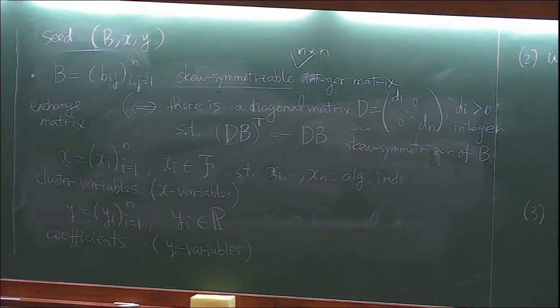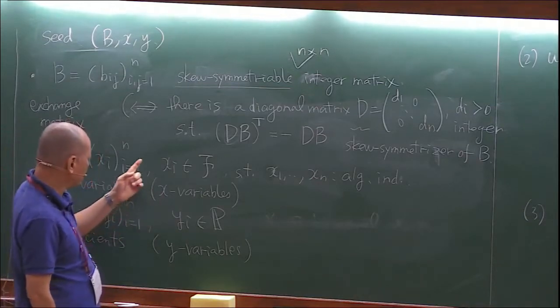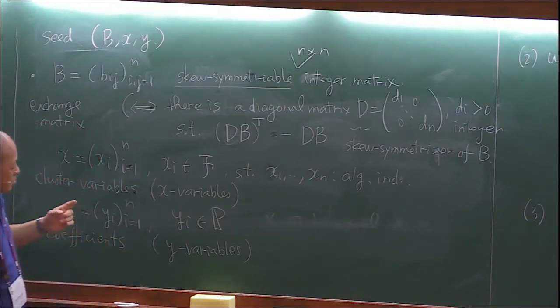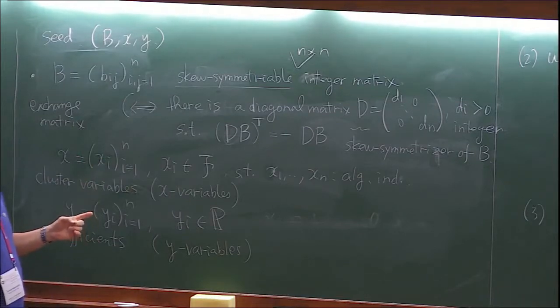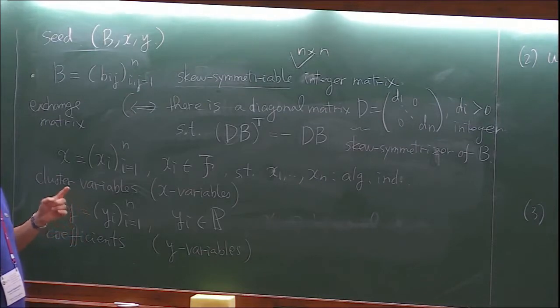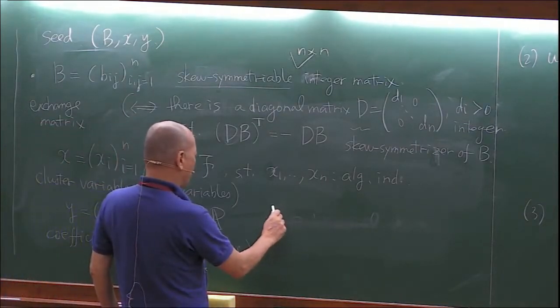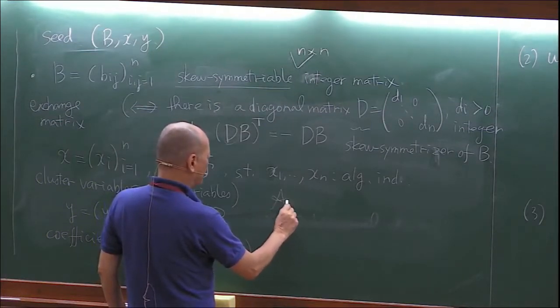There is a slightly unfortunate story here. This notation is due to Fomin and Zelevinsky, and it's a very popular one. But there is now another, also popular, convention introduced by Fock and Goncharov, and unfortunately they call this the A variable, the cluster A variable.